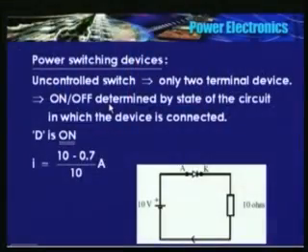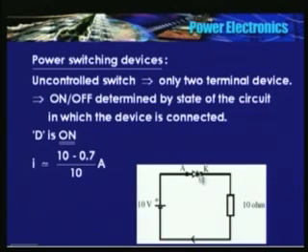I will give an example. A diode is an uncontrolled switch. Why is it uncontrolled? Take this circuit: a 10 volts DC power supply, with a diode and a 10 ohm resistor connected. What is the current that is flowing?